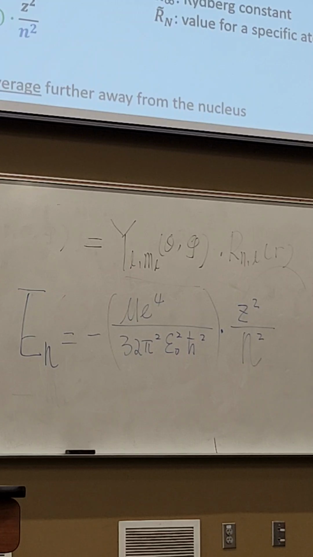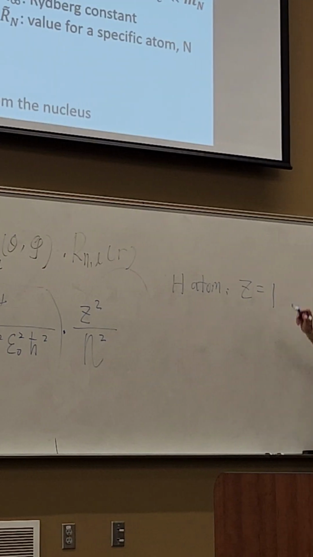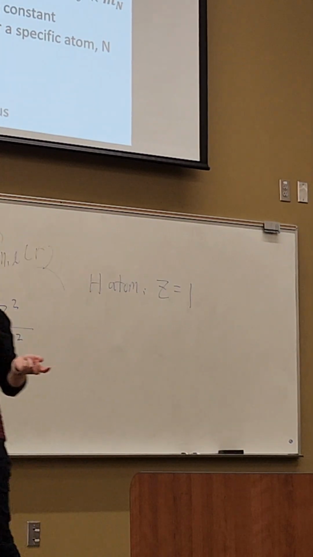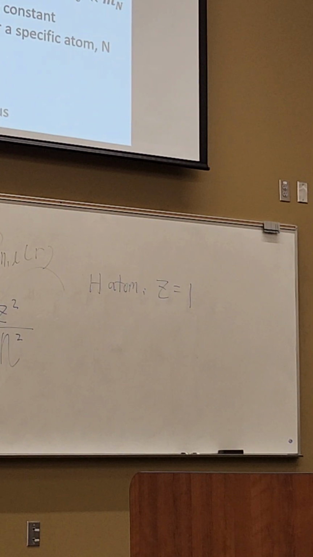Now for the hydrogen atom, the energy for the electron, for the hydrogen atom, Z equals 1. I carry the Z squared here in case we're talking about another one-electron system.